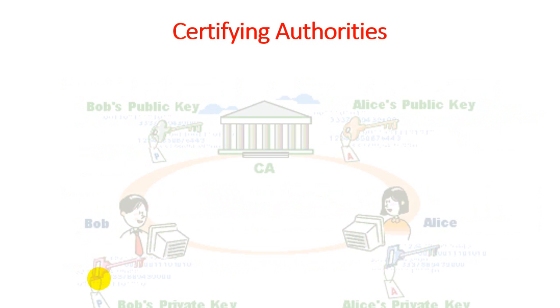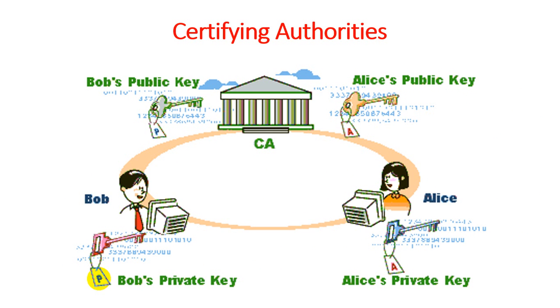Now we see a diagram of how a certifying authority provides a digital signature to an authorized person. Two people, Bob and Alice, are mentioned on your screen, and the third party between Bob and Alice is a CA, known as a certificate authority.